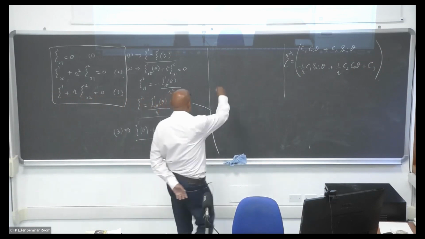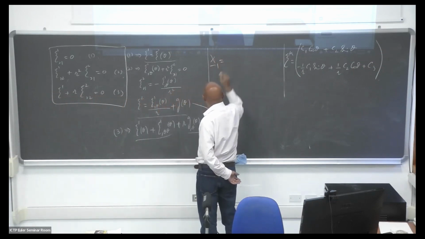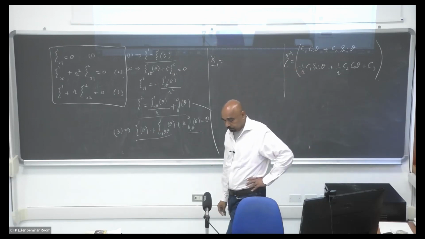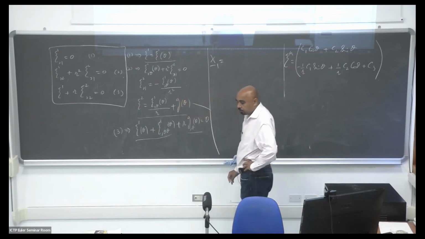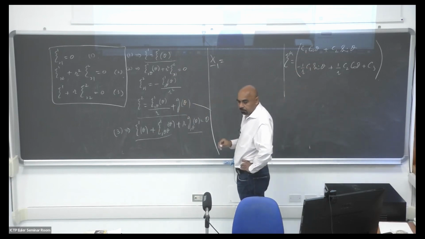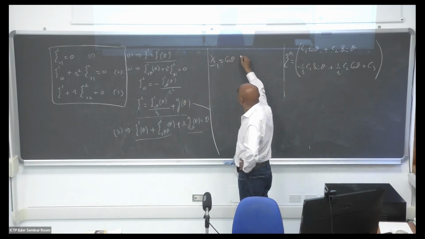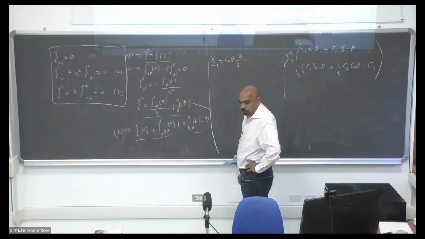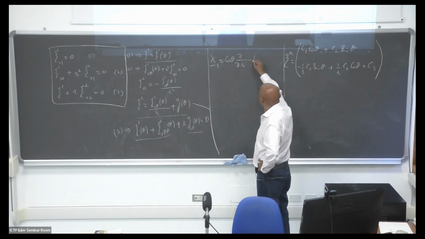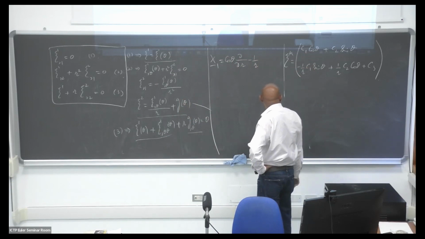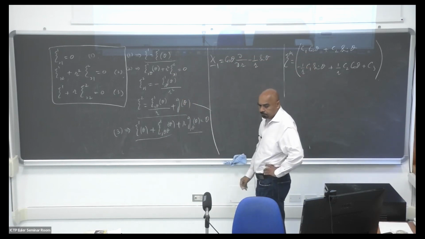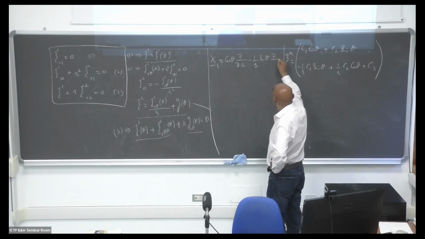So we can write the three generators corresponding to these three constants. So X1 will be written from C1, for example. So this is cos theta d by dr minus 1 over r sin theta d by d theta.